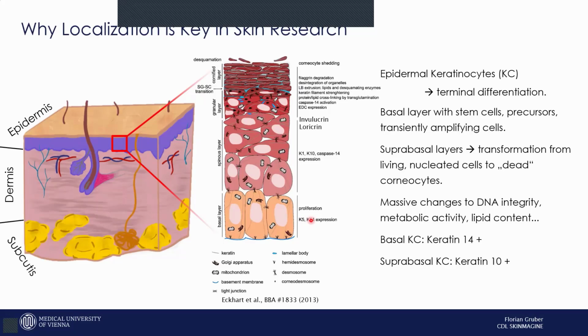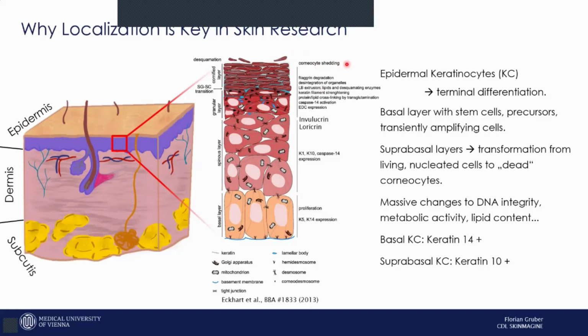These precursors show a lot of cell divisions to replenish the basal layer of the epidermis, and they also have asymmetric cell divisions, which give rise to daughters which then undergo the so-called terminal differentiation process. This process transforms the cells in the end into dead corneocytes, which are shed off.